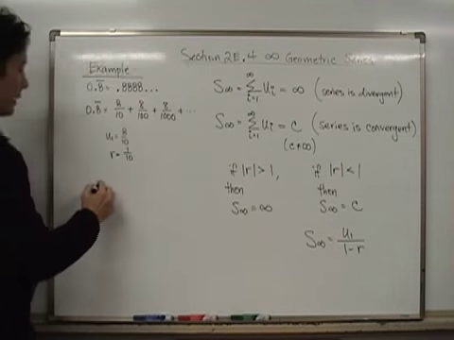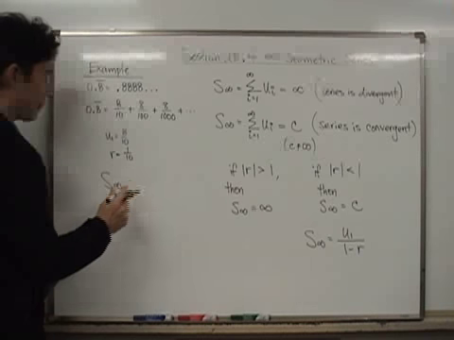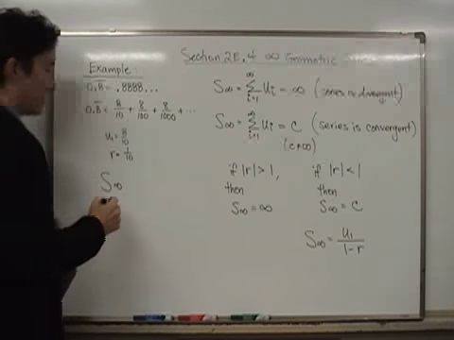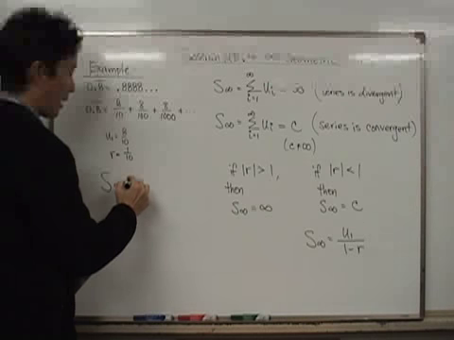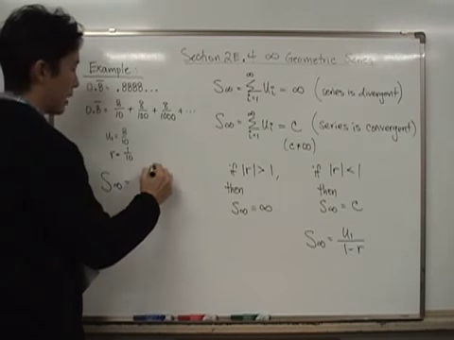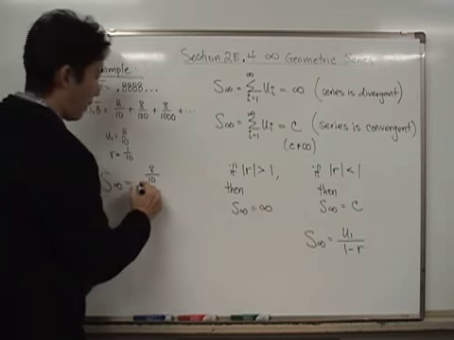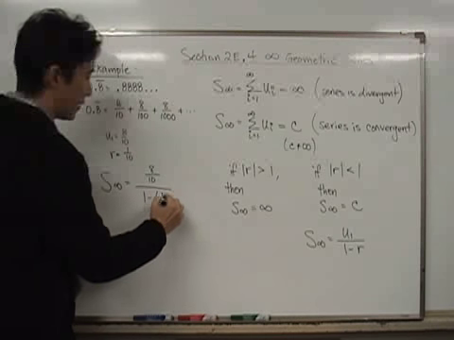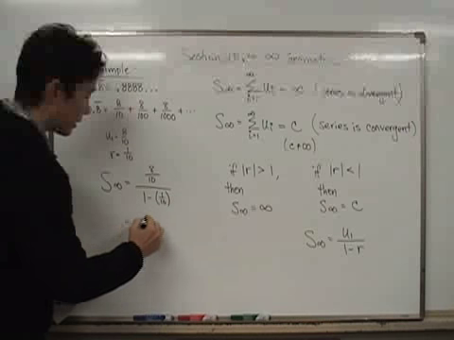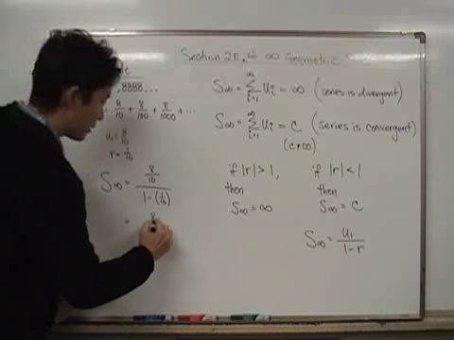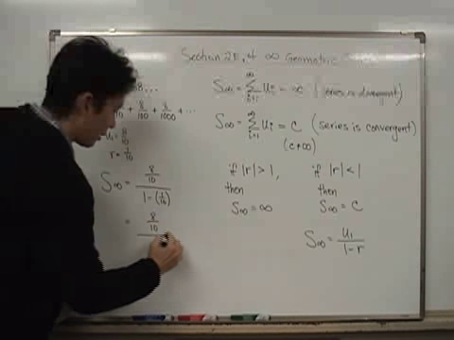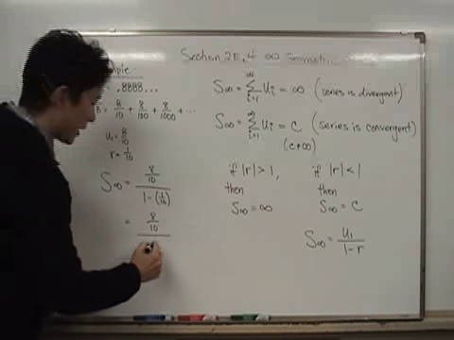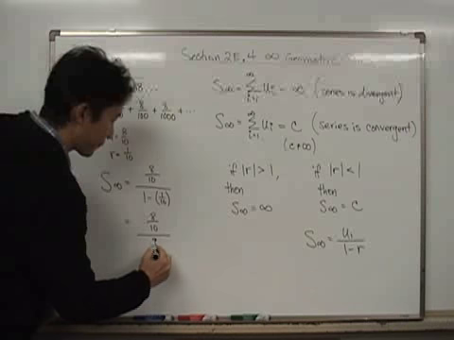So let's do that. Here's the infinite geometric series. This is going to be equal to 8 over 10 divided by 1 minus 1 over 10. So this becomes 8 over 10 divided by 10 over 10 minus 1 over 10, which is 9 over 10.